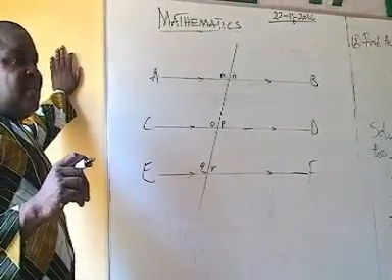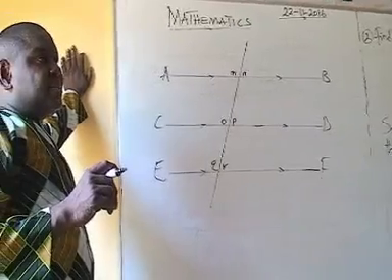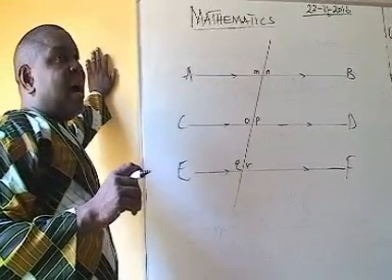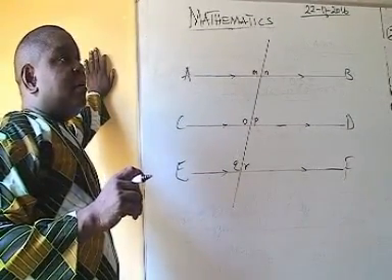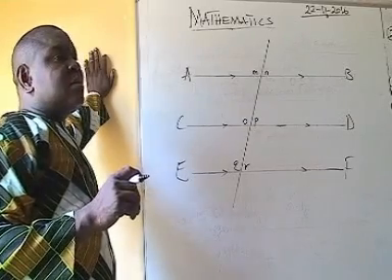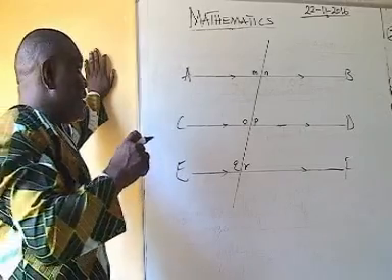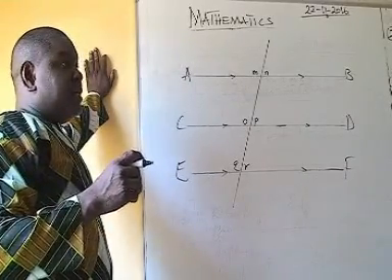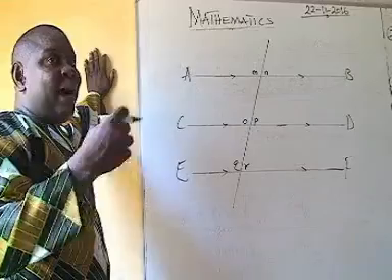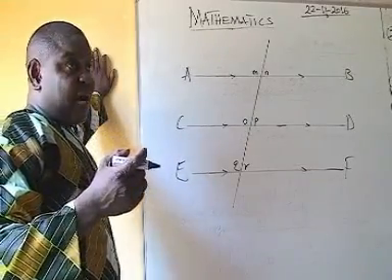We call them adjacent angles. And the sum of these angles is 180. These pairs of angles, the total sum of these angles is 180. Are you following?